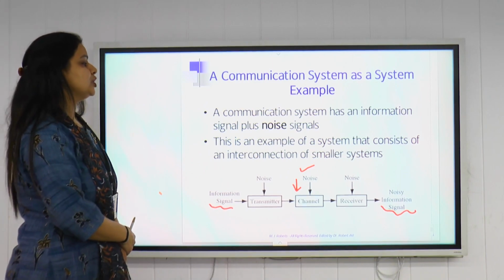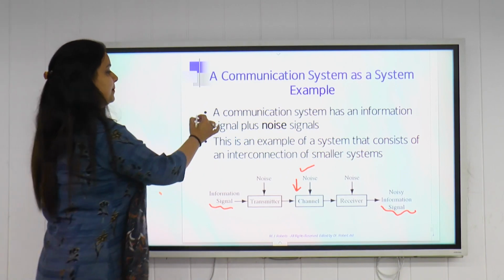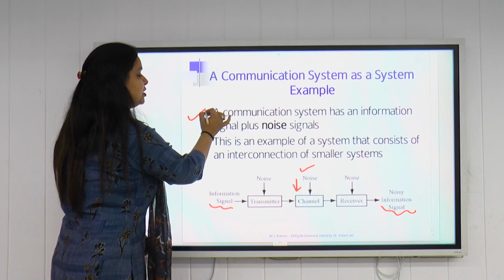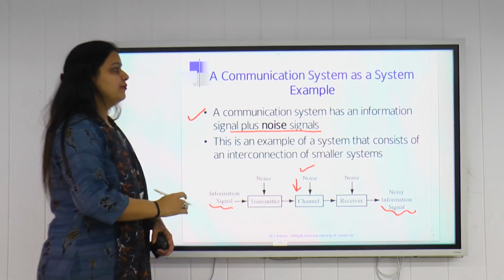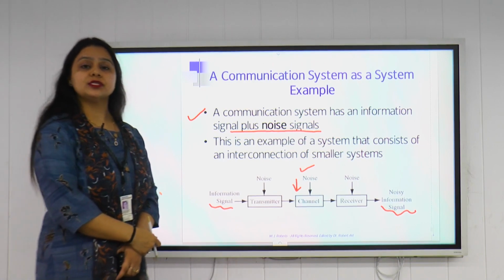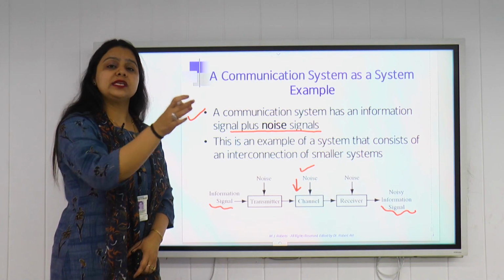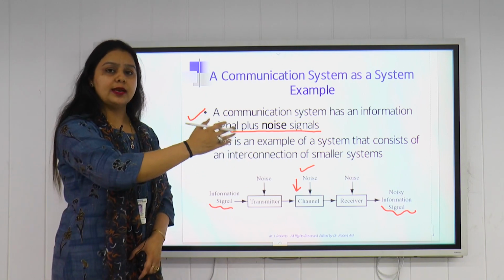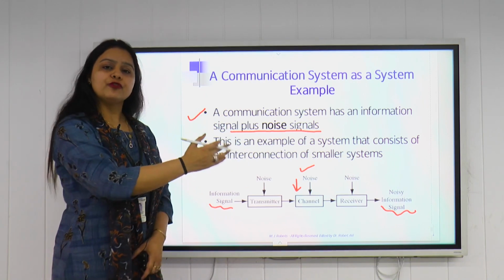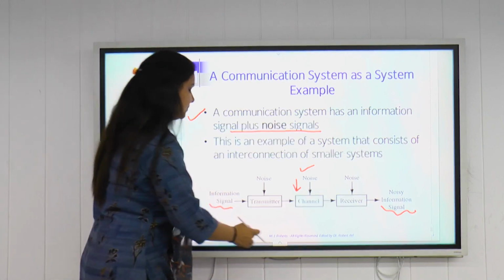So this is a communication system. It includes the information signal plus noise signals. Whenever we consider communication system design, we always keep in mind the noise signals that are added from the channel, the transmitter, and the receiver.